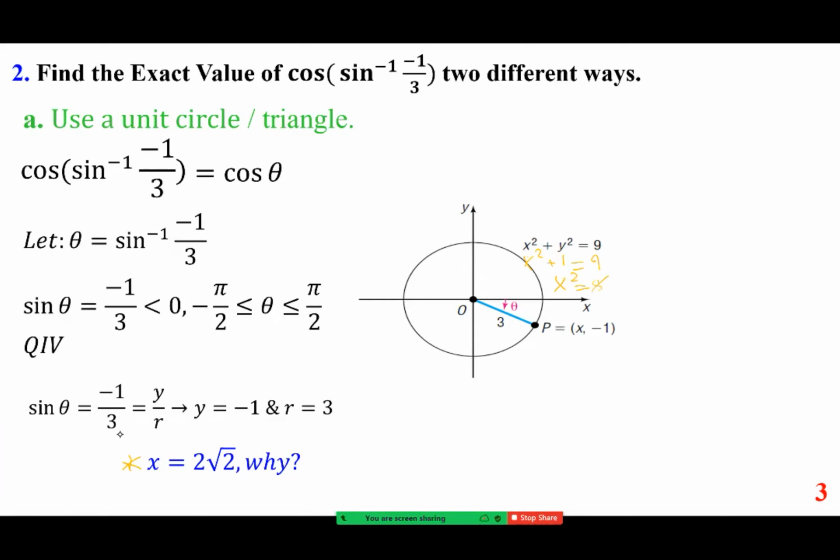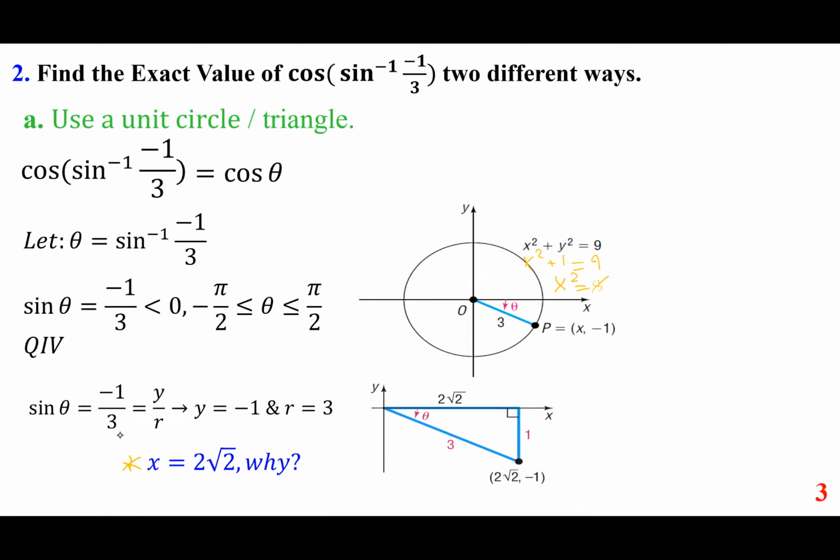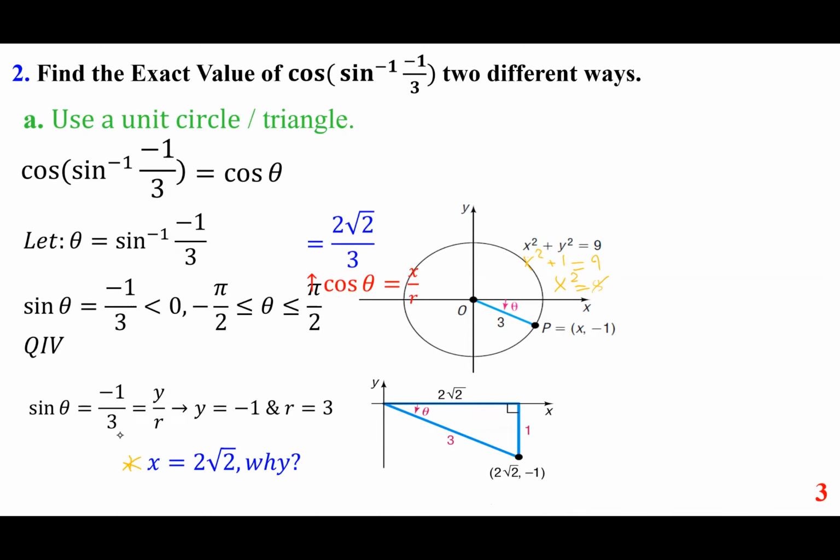X squared is 8, therefore x is 2 square root of 2, or square root of 8. And so cosine is x over r. It makes it 2 square root of 2 over 3.